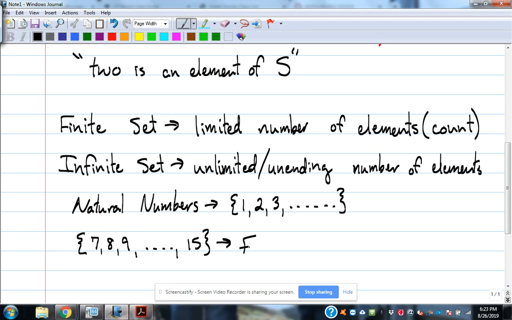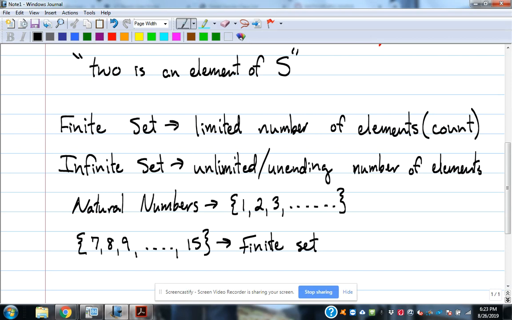That is a finite set because it has a set number, a limited number of elements: 7, 8, 9, 10, 11, 12, 13, 14, and 15. It's got 9 elements in it, and that's it. Nothing else. Okay? So we see an infinite set keeps going forever.